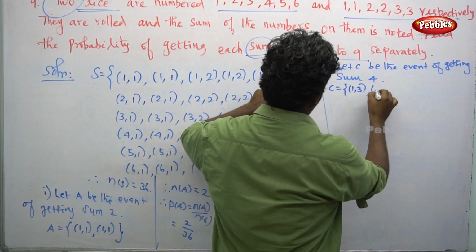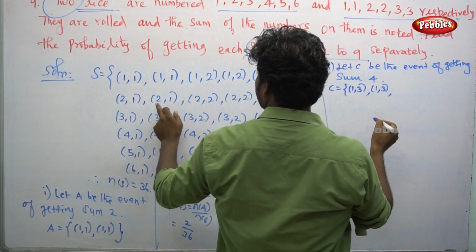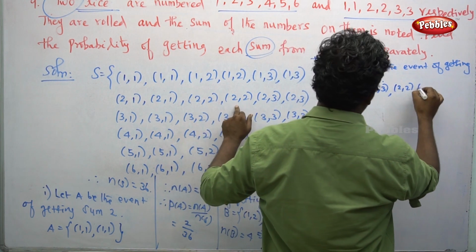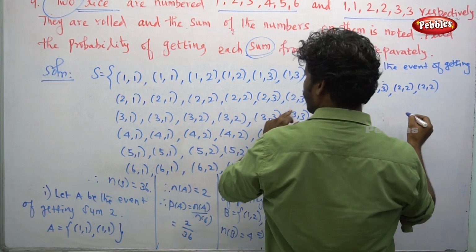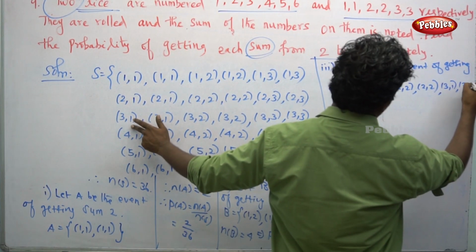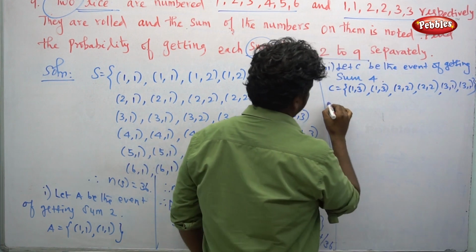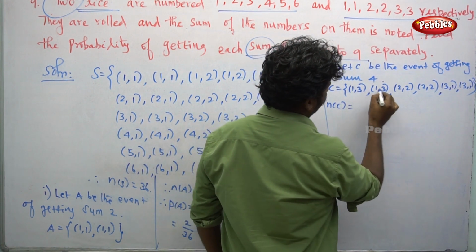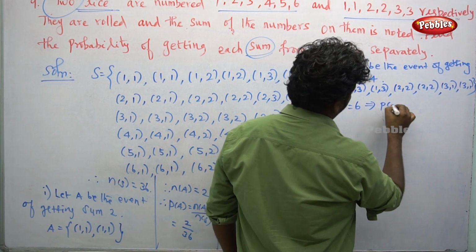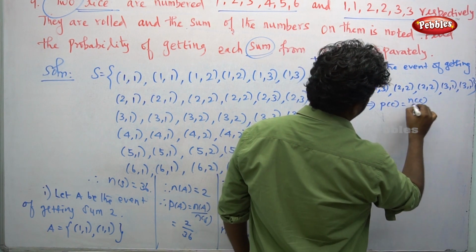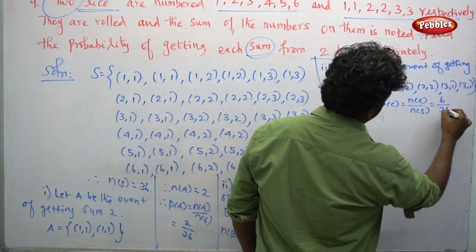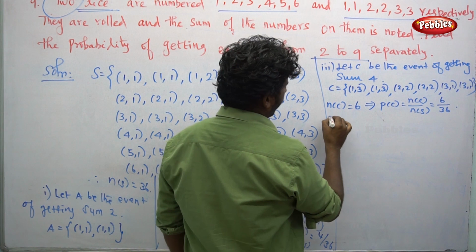Then 1, 3, then 2, 2, இங்கே மறுபடியும் 2, 2 அதோட 3, 1 4 இல்லையா 3, 1. So totally n of C is equal to 1 2 3 4 5 6, which implies P of C is equal to n of C by n of S. So this is 6 by 36, right.